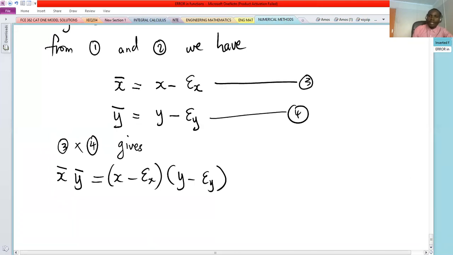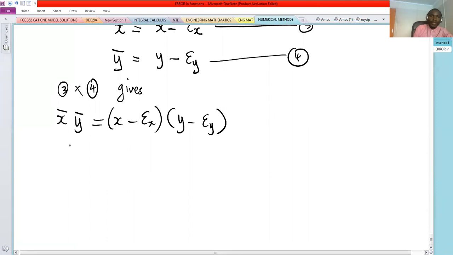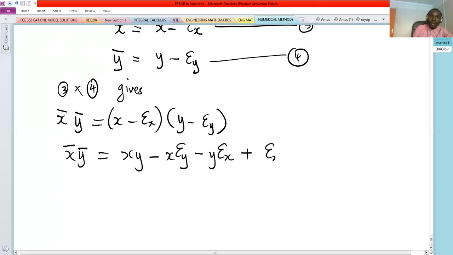Now the next step, let's expand this. So we have x bar times y bar equals x times y minus x times error in y minus y times error in x, and then plus error in x times error in y.